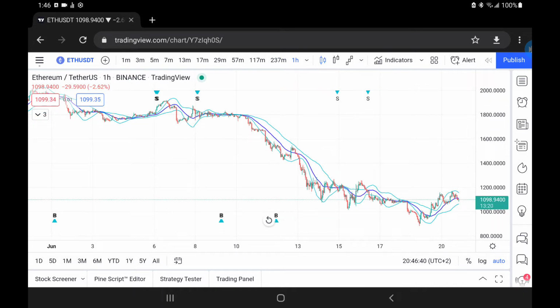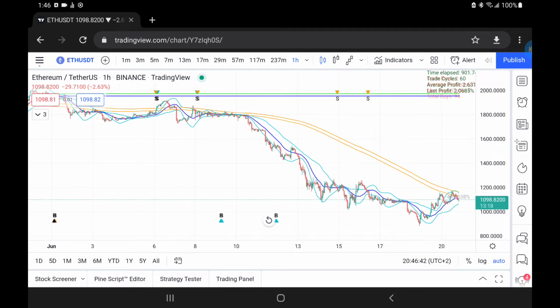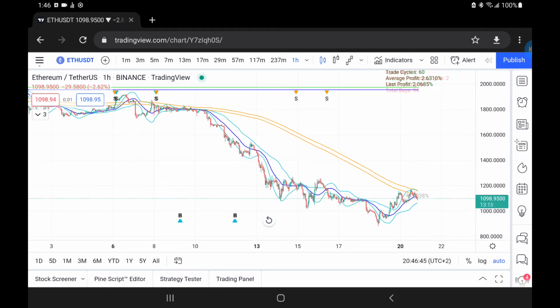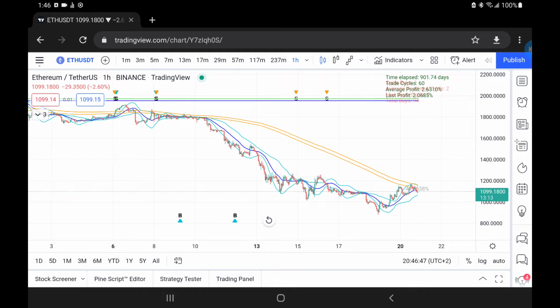On the 1 hour time frame, you begin to see that over the last 900 plus days, this approach has had 60 successfully completed trade cycles. So 60 times it has profited in the last 900 days at the 1 hour time frame. So even with that massive downshift, money was still being made.